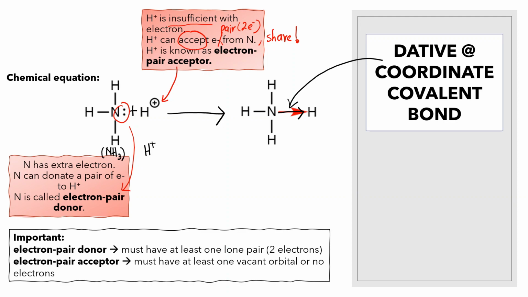And for electron pair donor, it must have at least a lone pair electron. Okay, ataupun mesti kena ada sekurang-kurangnya 2 elektron. Okay, untuk dia menjadi electron pair donor. And for electron pair acceptor, they must have at least one vacant orbital, satu orbital yang kosong ataupun no electrons at all.